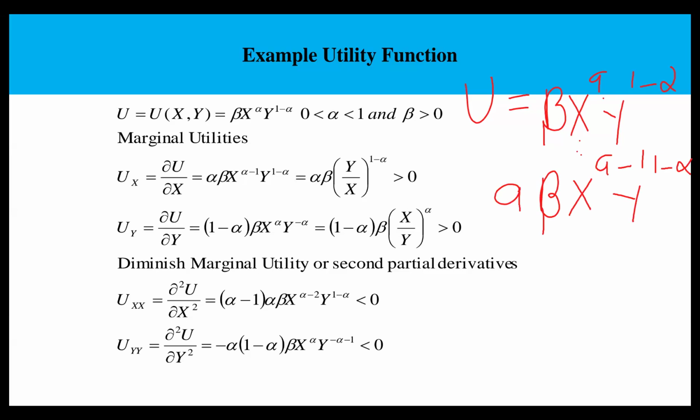Now we know that this one has y to the power minus alpha and this one has y to the power 1 minus alpha. So we could factor out what is actually common.